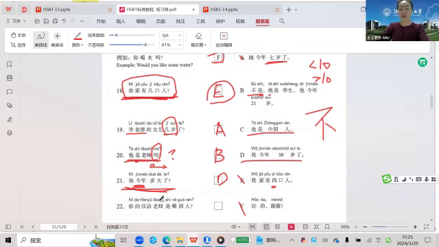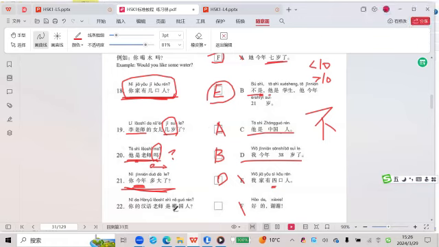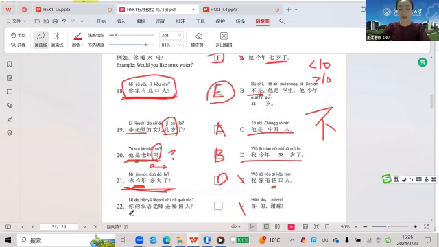Okay, the last one, number 22. Savara Javid. 你的汉语老师是哪国人？ What's the meaning of the question?